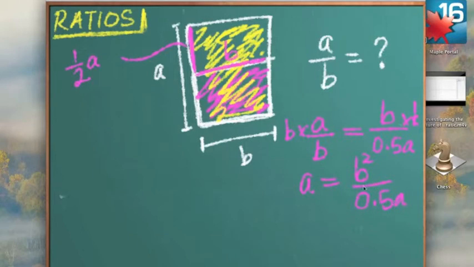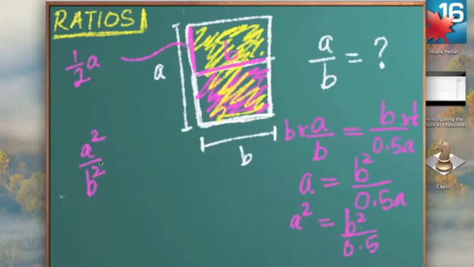Now we multiply both sides of the equation by A. By the same argument, we get A squared on the left side and B squared over 0.5 on the right side. So if we now rearrange this equation, we bring B squared to the left side by dividing both sides by B squared.